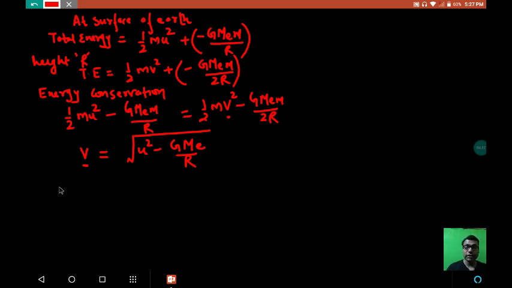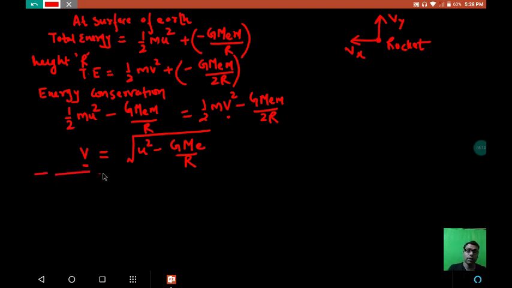Now coming to the rocket, as it reaches the height, what will be the velocity of the rocket? The rocket has started moving with some velocity, but it has two components, a y component and an x component, vy and vx. From here we use momentum conservation.